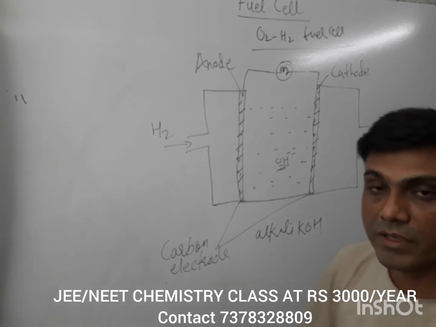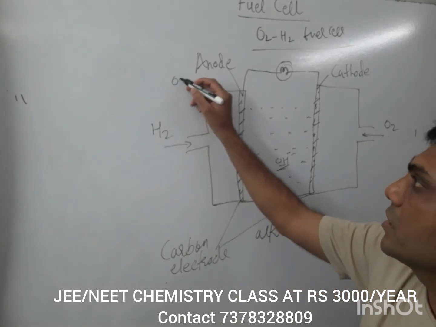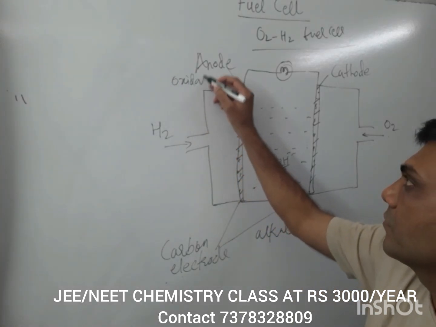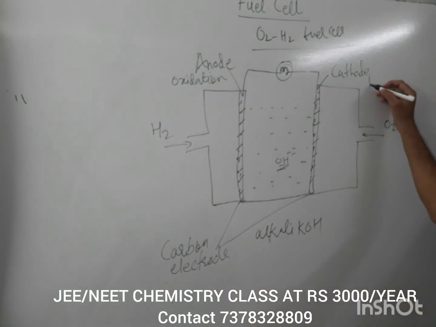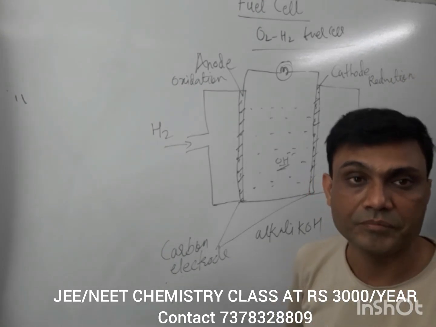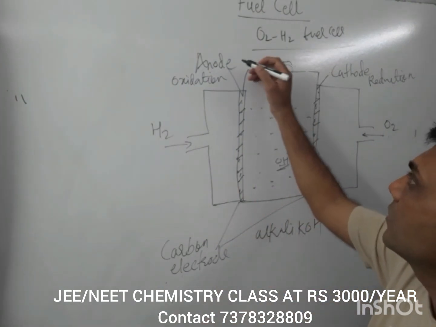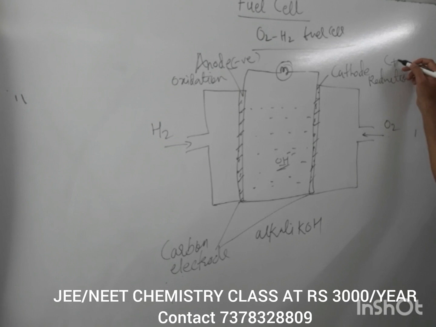Now you have to always remember that in the anode there is always oxidation. In the cathode there is always reduction. Now in the galvanic cell, the anode is negative and the cathode is positive.